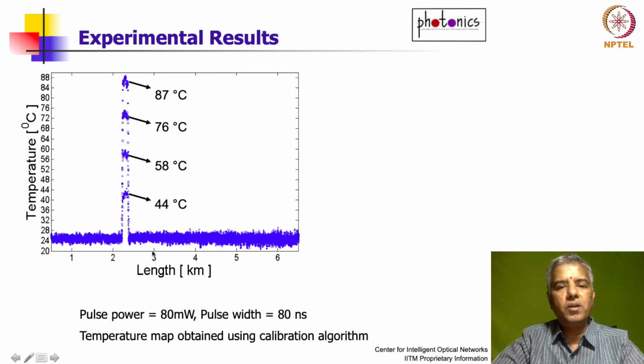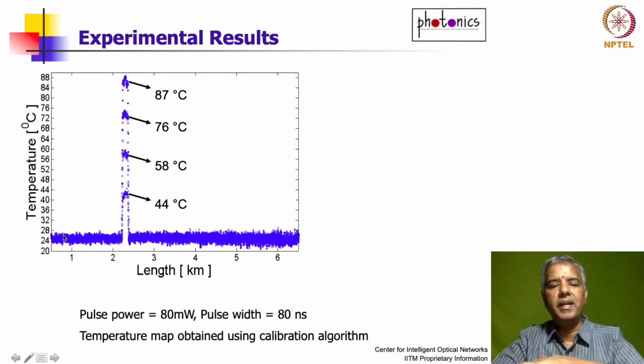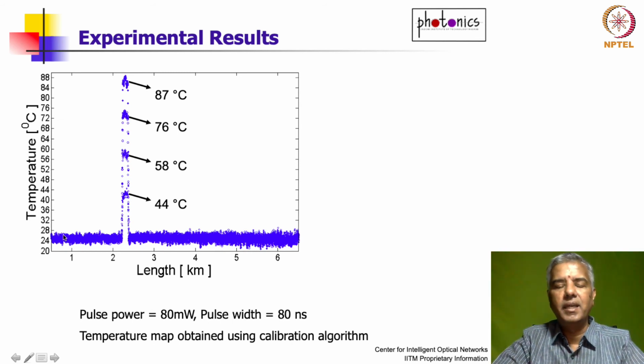That's essentially because from these longer distances, the Stokes and the anti-Stokes scattered signal are going to be so much lower in intensity from this point compared to this point, right? Because the fiber inherently is attenuating light as the pulse is propagating.